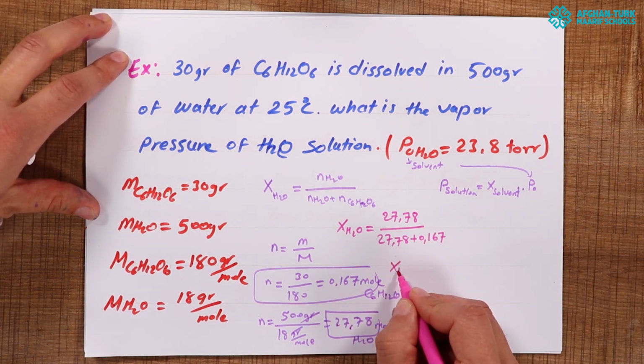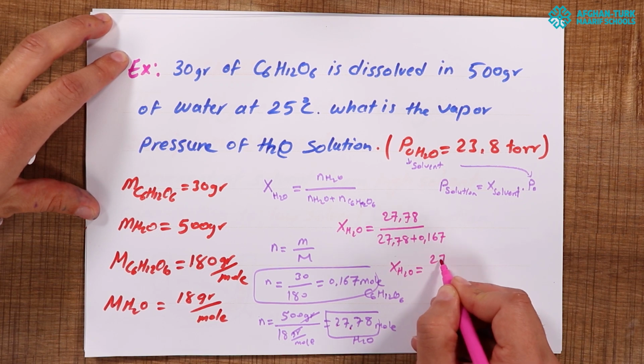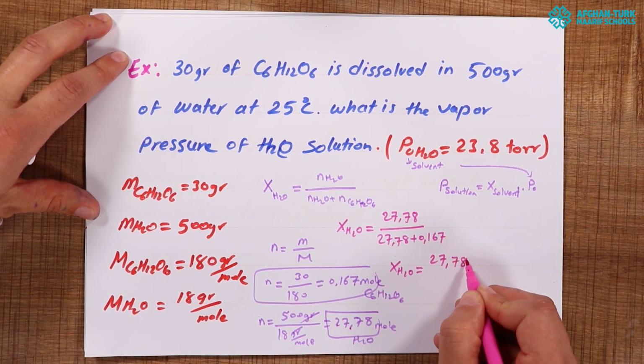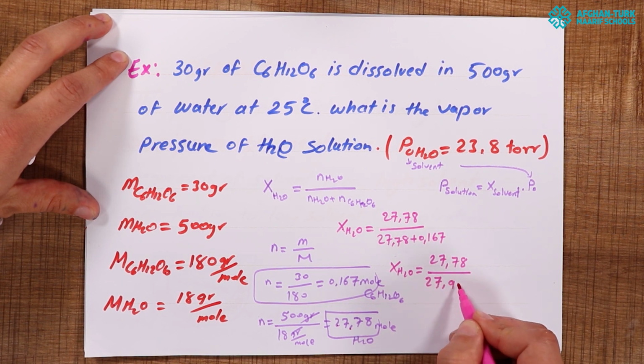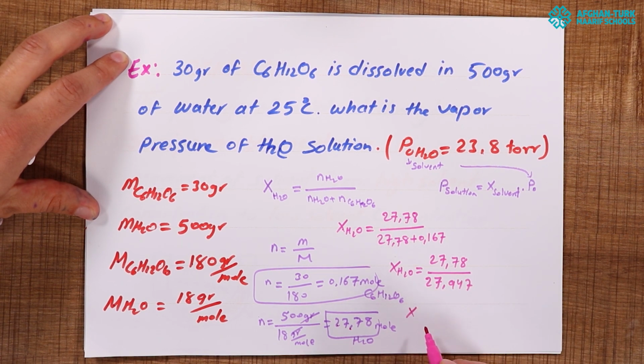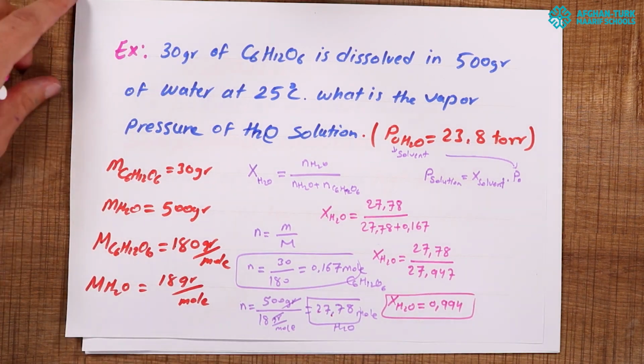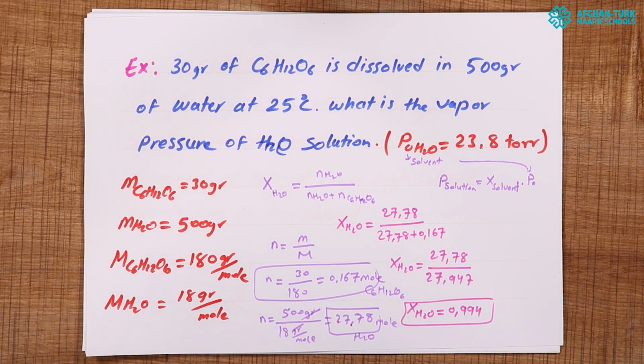When we simplify, the denominator will become 27.947. When we divide, it will give us 0.994. It does not have any unit.